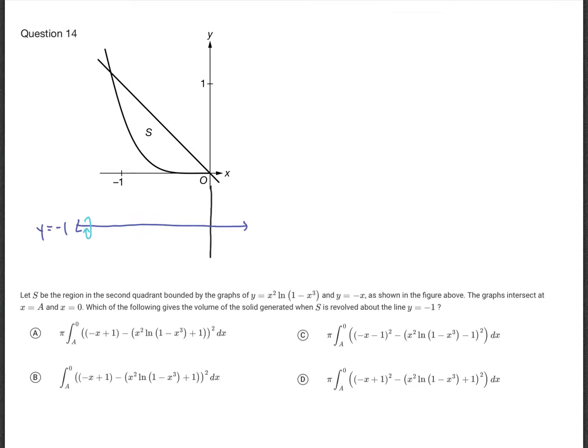So first off, we're revolving it around a line that's horizontal, which is parallel to the x-axis, so everything will be in terms of x. So in terms of x, this goes from whatever this x value is, which they tell us is a, until 0.